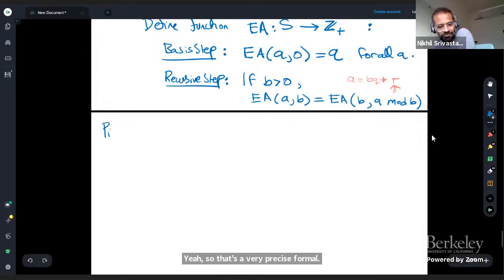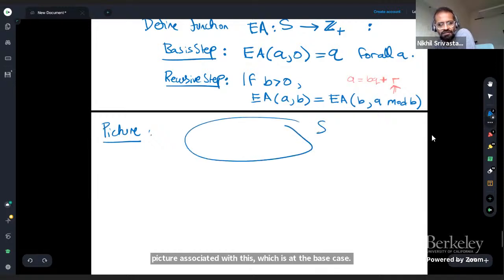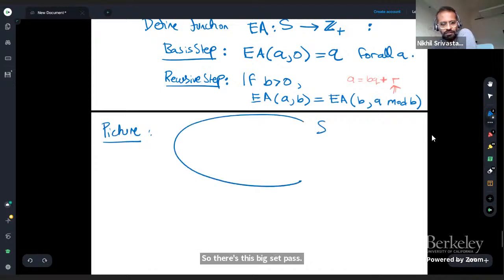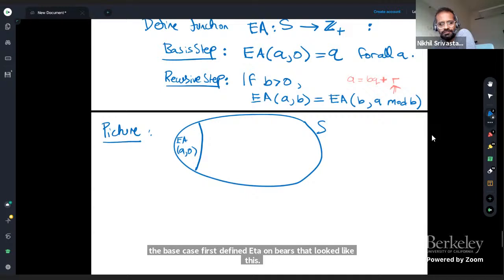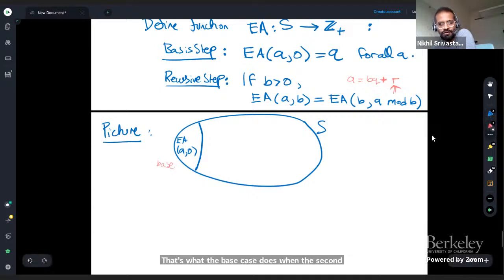But there's a picture associated with this, which is that the base case, so there's this big set S. It's not a very good picture of S. And the base case first defines EA on pairs that look like this. So that's what the base case does when the second coordinate is 0.